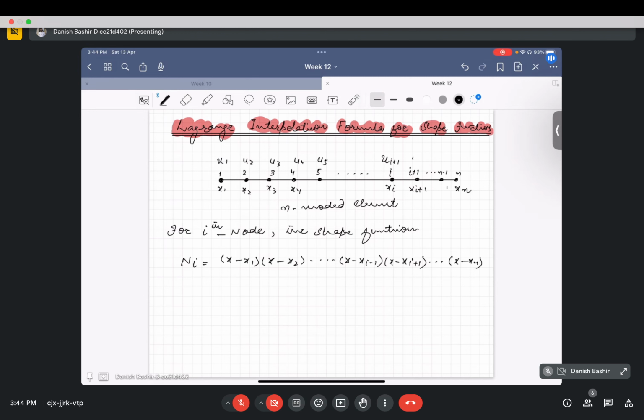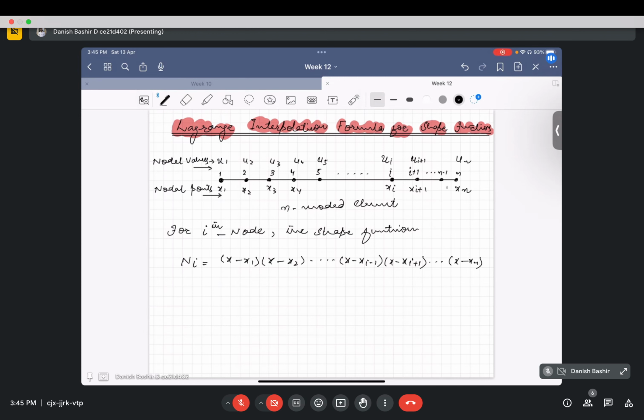Sorry, this is only ui. This will be un. So actually, what are these? These are nodal values, or degrees of freedom. And these are coordinates or nodal points. These are nodal points. These are nodal values. These are the nodes 1, 2, 3, 4 up to this one.